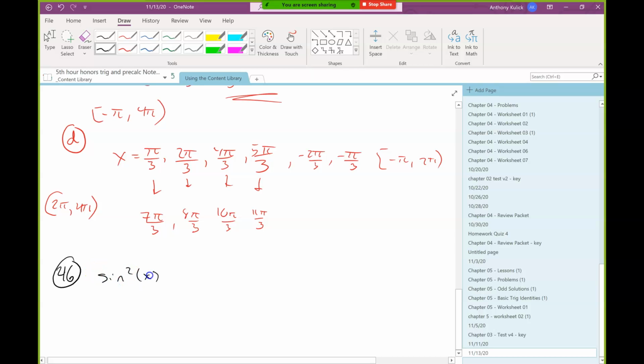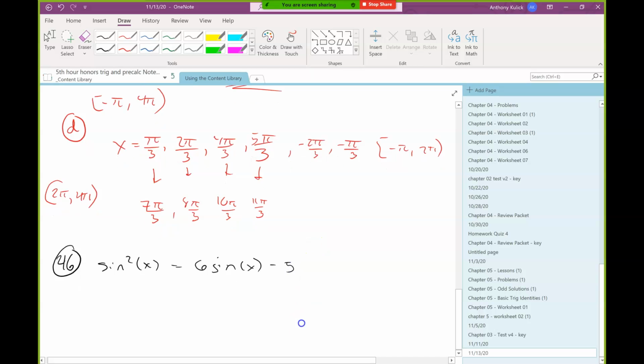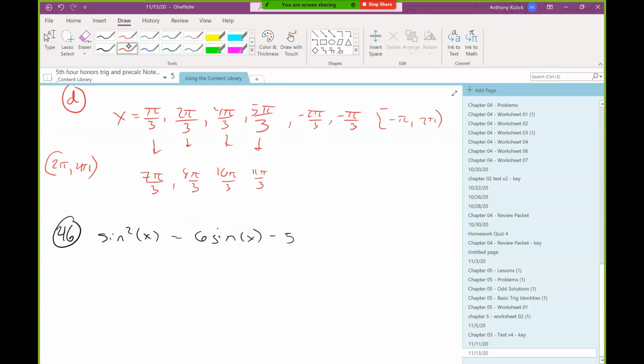Okay, so we have sine squared x equals 6 sine x minus 5. So this looks a little like a quadratic, right? Because I have sine x and sine squared x. To solve a quadratic, I know that it has to equal 0. So I'm going to move everything onto one side.